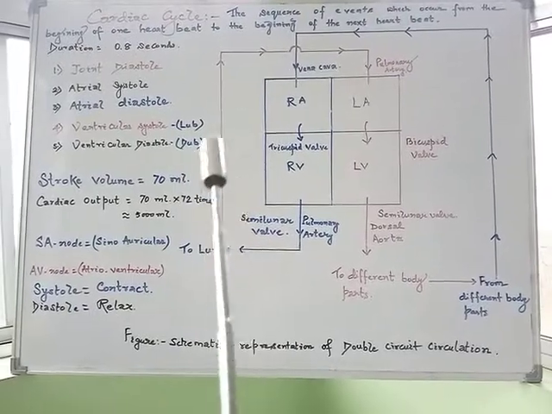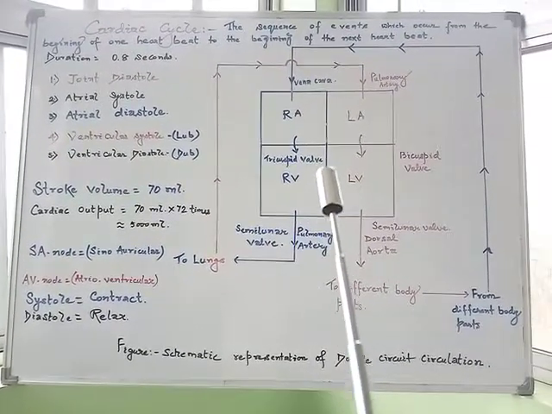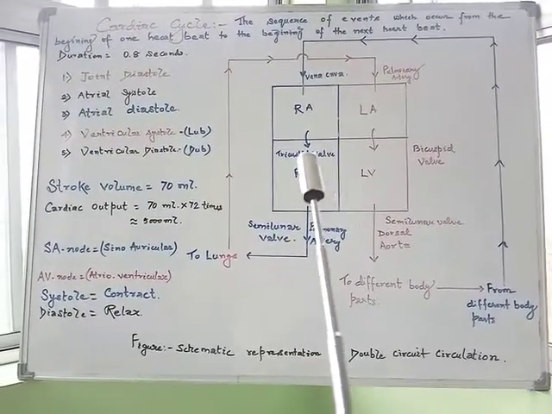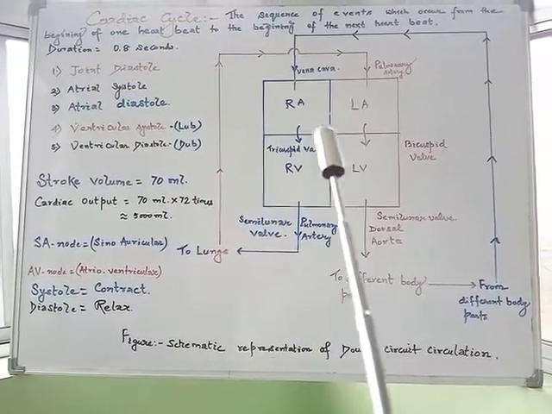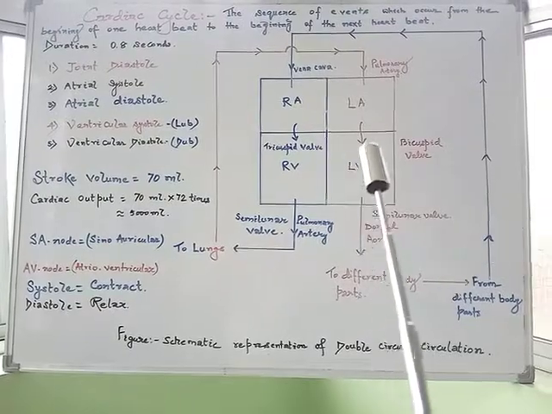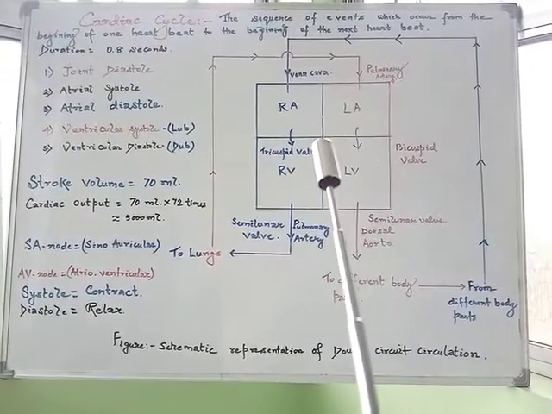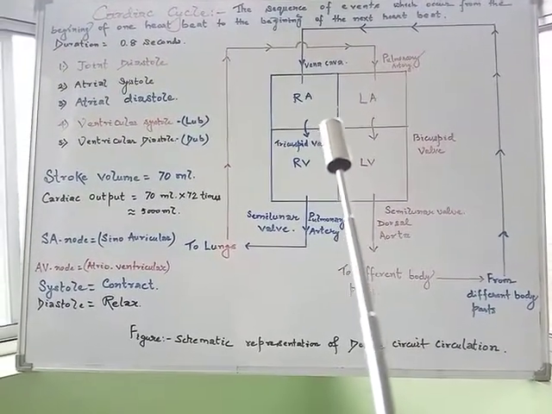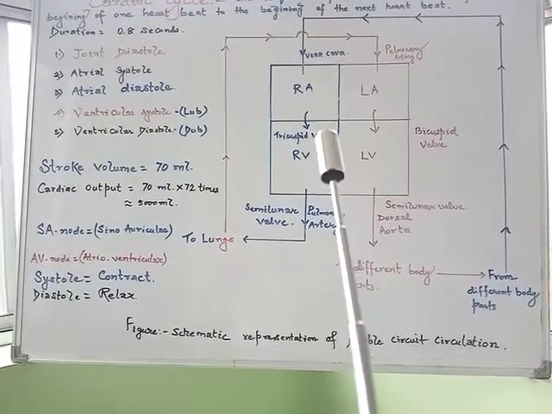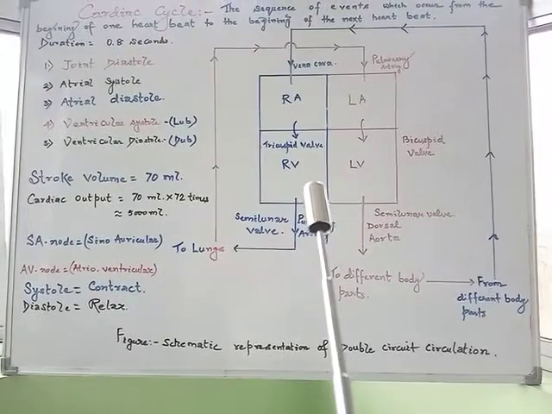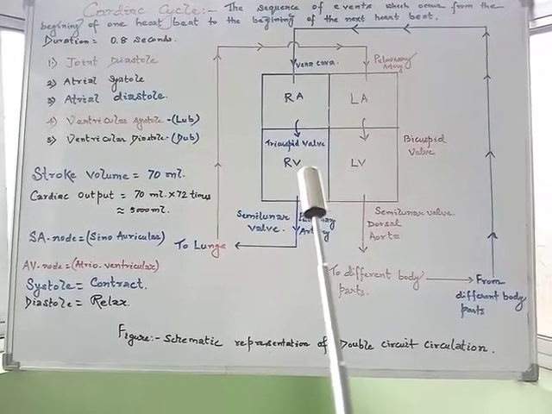A complete heartbeat consists of one diastole and one systole of each of the atria and ventricles. So this is about the mode of contraction and relaxation occurring within our heart.